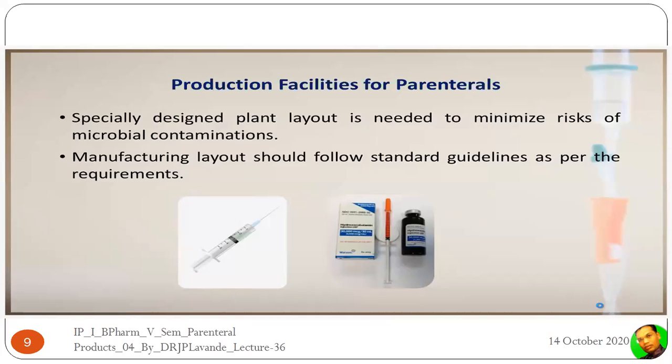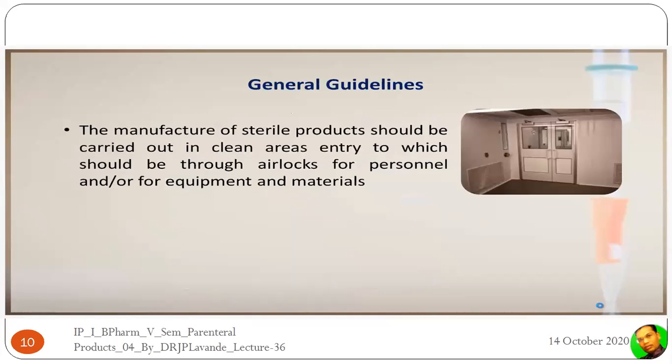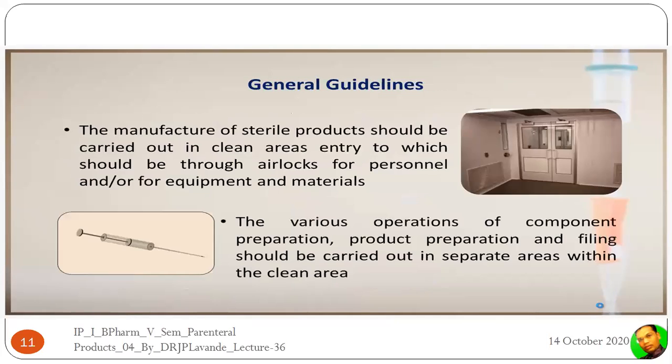Now, in our last lecture, we saw the CFR 211, which deals with all the GMP guidelines associated with personnel, production, facilities, equipment, premises, requirements, etc. If you see the general guidelines, the manufacturing of sterile products should be carried out in clean areas, entry to which should be through the airlock system for personnel and for equipment and material.